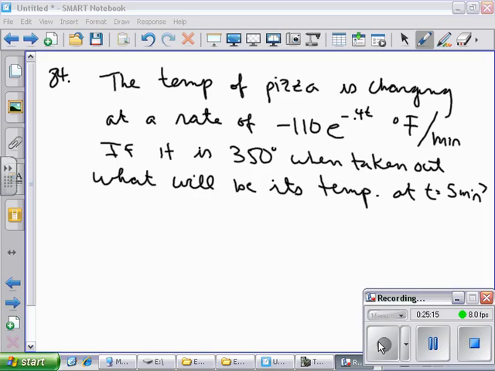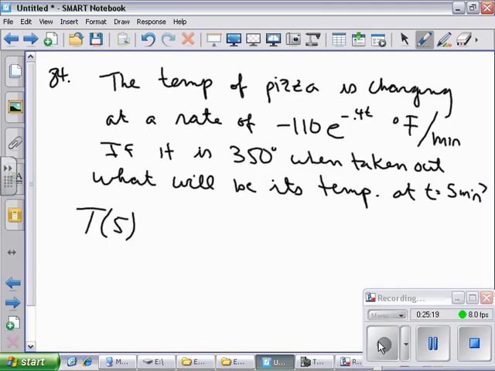So the idea is to get the temperature at 5 minutes. We're going to take the initial temperature of 350 and add to it the change from t is 0 to t is 5 of negative 110 e to the negative 0.4 t.